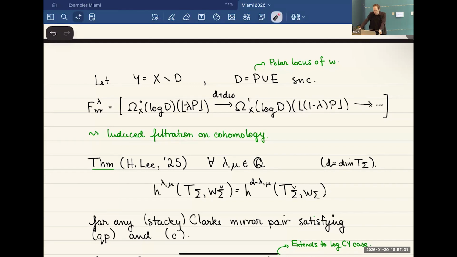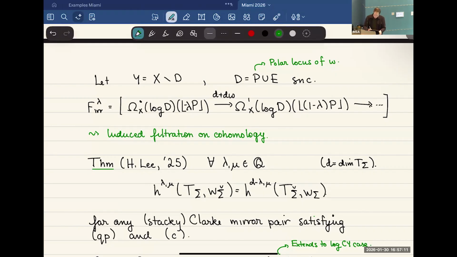Lambda has to be an integer. Lambda can be rational here, right? When I say P here, I should be clear that this is the full polar divisor, with integer coefficients. Let P be the polar divisor, and let this be the support of the polar divisor. Does that help?